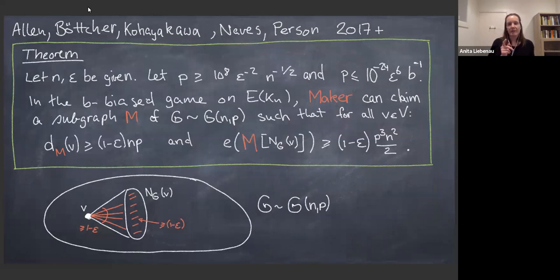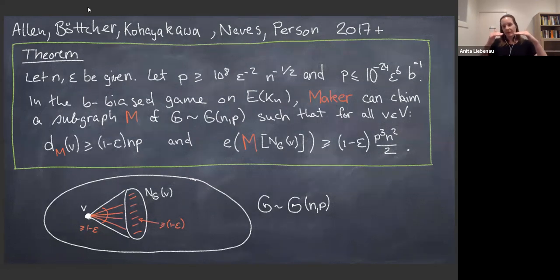So the theorem is as follows. You're given n and epsilon, and think of epsilon as being just a small constant. So if you take your p at least 1 over root n times some huge constant, and at the same time it should be at most 1 over b times some other small constant, right?